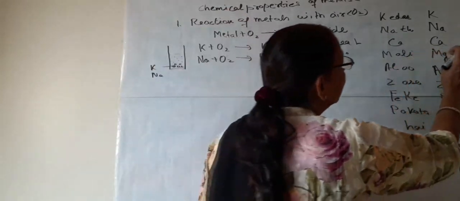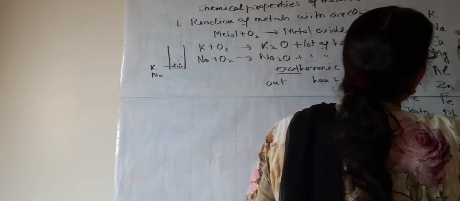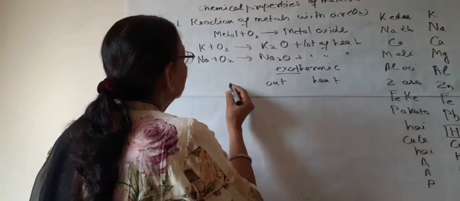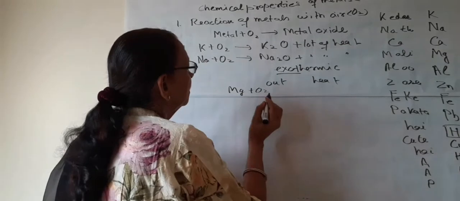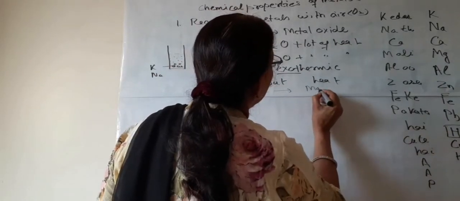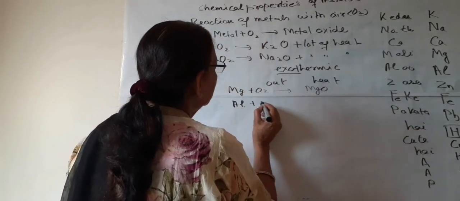Now about magnesium, aluminium, zinc and iron. Again, all of them form oxides. Aluminium oxide.